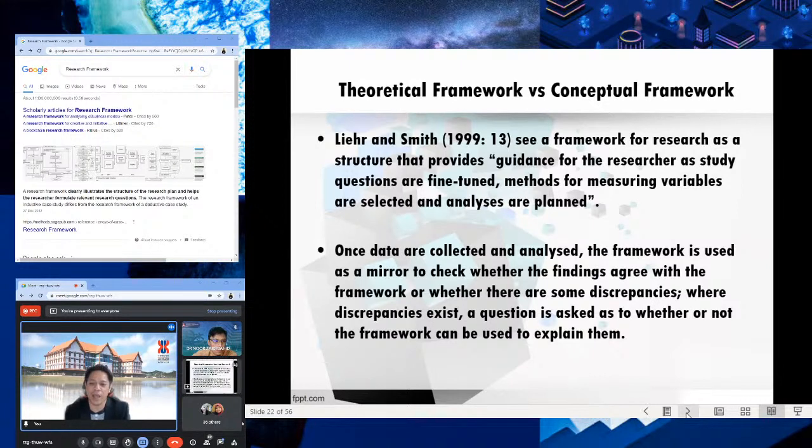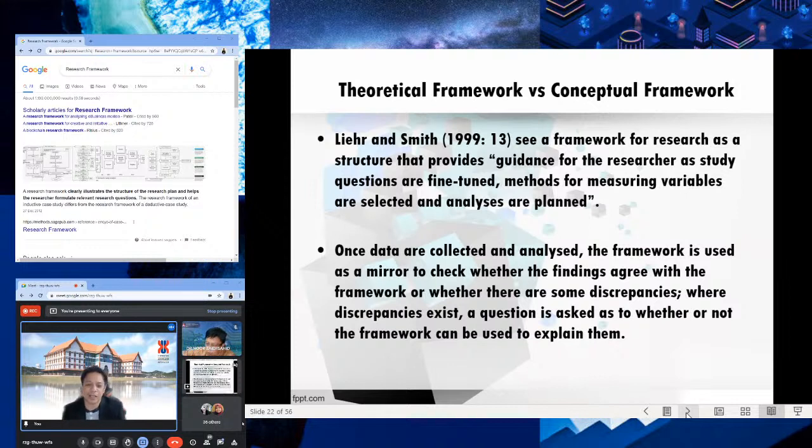Maybe we have a scope, but you may need to fine tune some of the findings, based on the theories and the development. For example, when you study for 4 years, maybe new theories come out that you have to include in your study. Once data are collected and analyzed, the framework will be used to mirror.